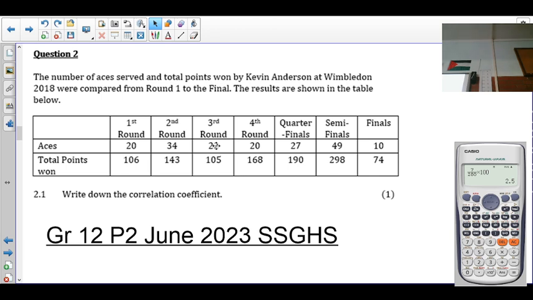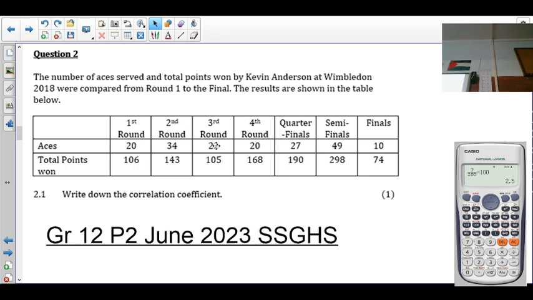The number of aces, do you guys know what an ace is? I think that is a serve and the person doesn't return the ball. He misses it or hits it out of the court or whatever. So it's like a duck in cricket. You guys know what that is? The duck. They bowl the guy out on his first ball, accumulating no runs in the game, no?